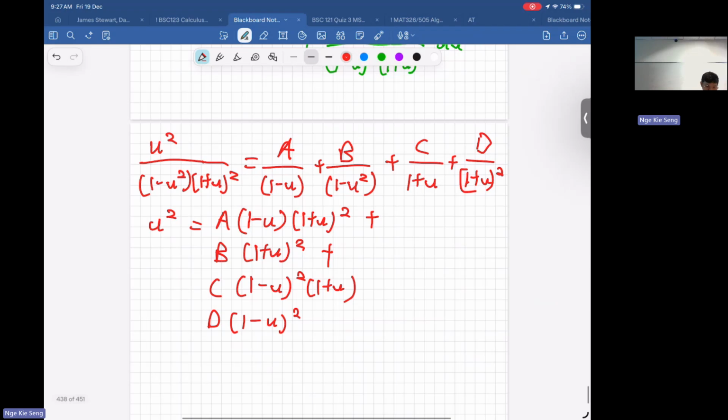Okay, right. So let's do some substitution. B times 4, so u equals 1 gives 1 square.